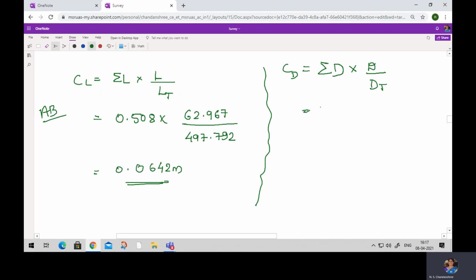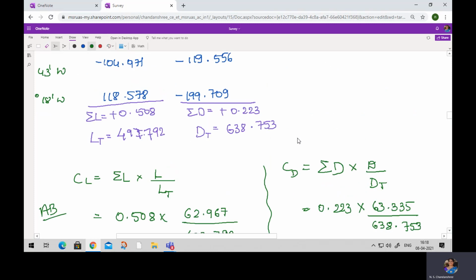So the total error in departure is 0.223 multiplied by departure of line AB, here it is 63.335 divided by total arithmetic sum of all the departure, that is 638.753. So the correction for the departure of this line AB is 0.0221 meters.